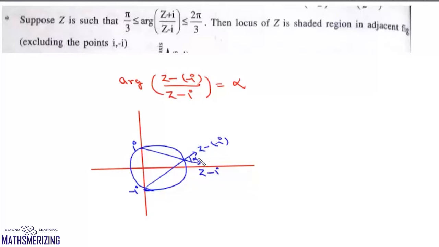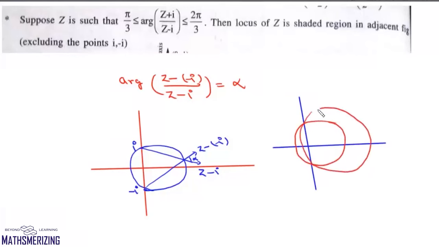Now it says this angle must lie between pi by 3 and 2 pi by 3. So we have to draw this region, then we have to draw 2 circles. First circle in which it makes an angle pi by 3, and then this second circle at which it makes an angle 2 pi by 3. This again is iota, this is minus iota, this angle is pi by 3, and this angle is 2 pi by 3.